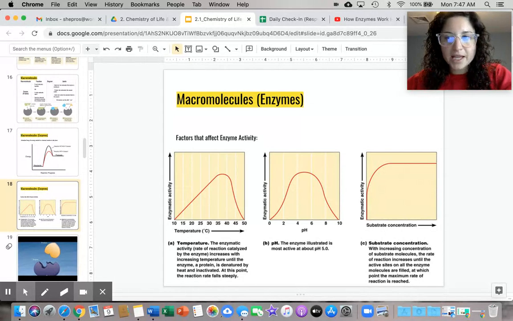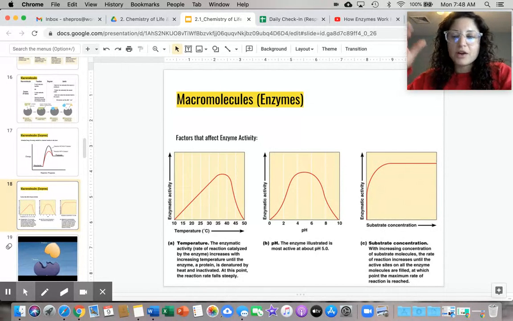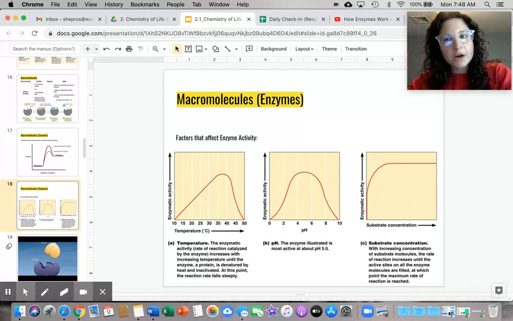This specific enzyme probably is found in our gut, right after stuff leaves the stomach, because our stomach is very acidic. It could also be found maybe in the blood. Our blood tends to be slightly acidic as well. But the idea here is that enzyme activity peaks around a pH of 5, and then after that, again, you see a very steep decline in enzyme activity.